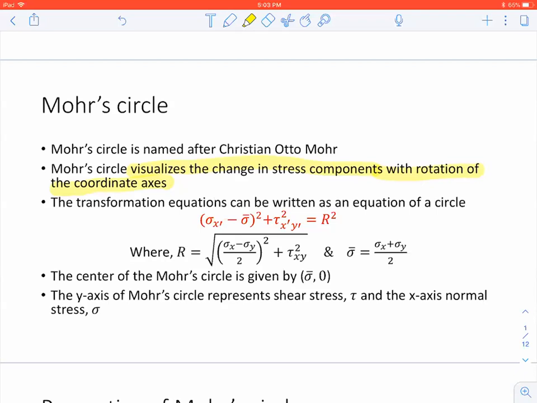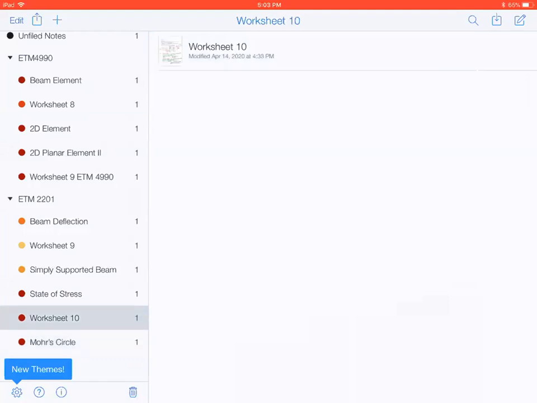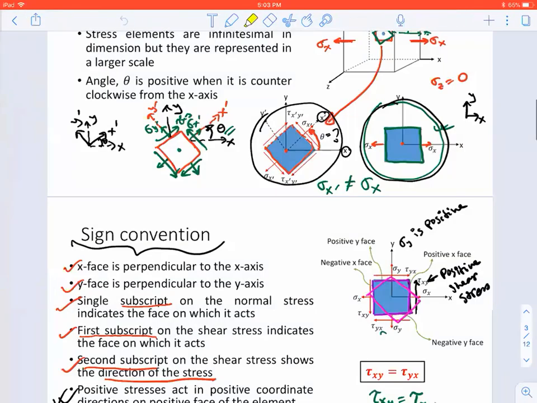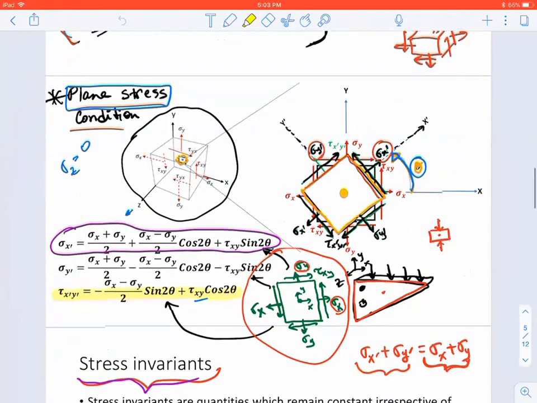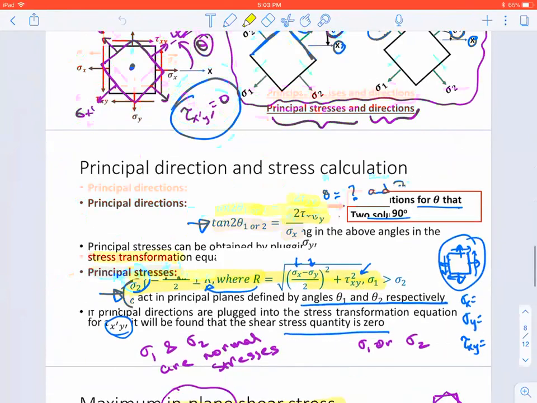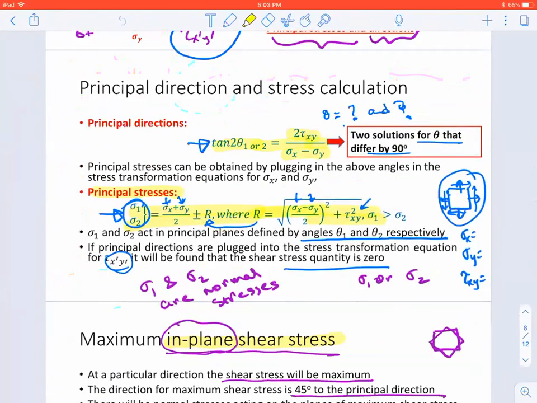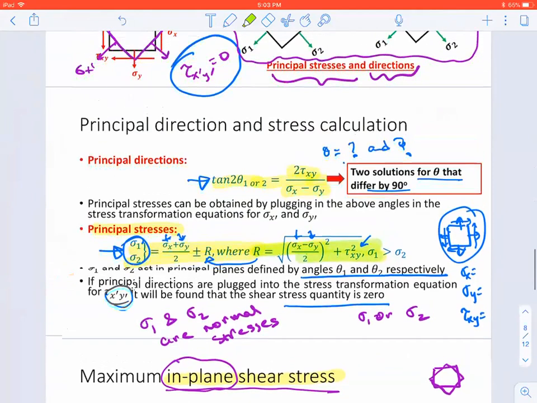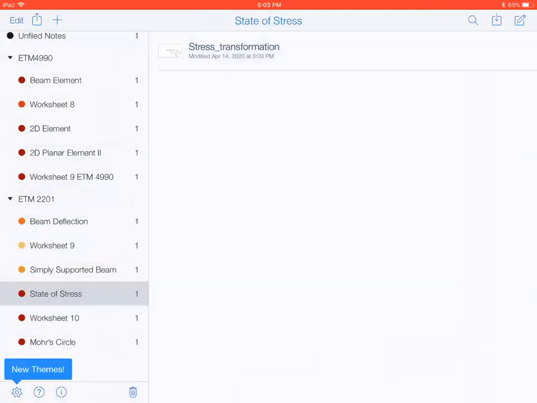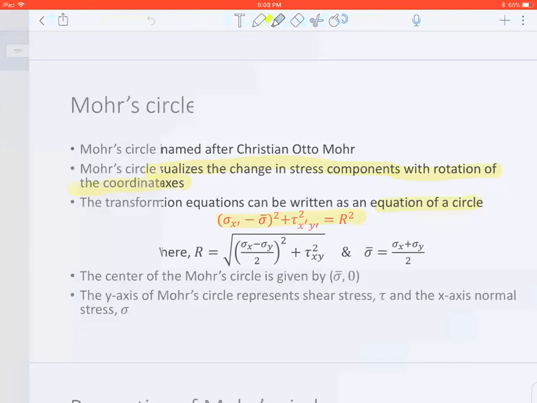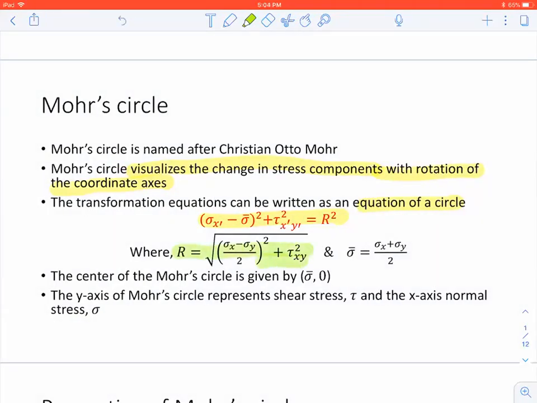And the equation of that circle is this, where R, remember the R that we looked at in the previous equation, this R is actually the radius of that Mohr circle.